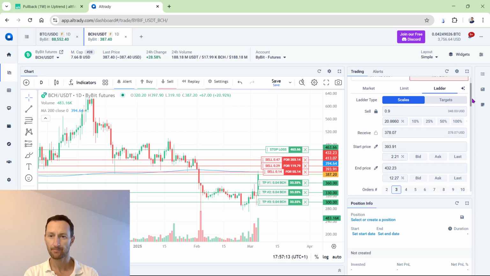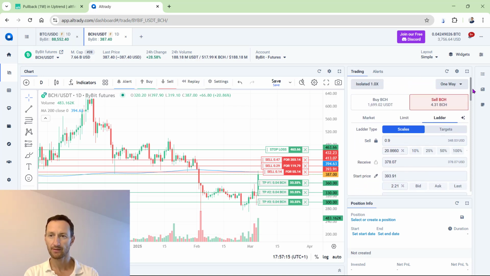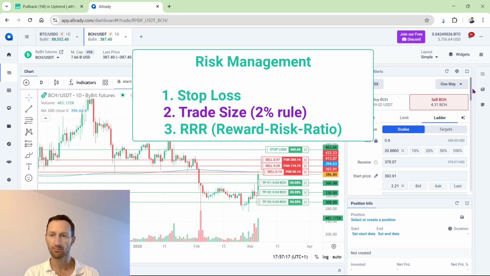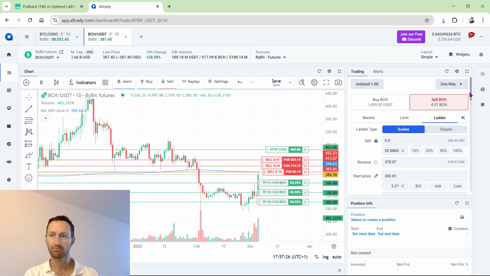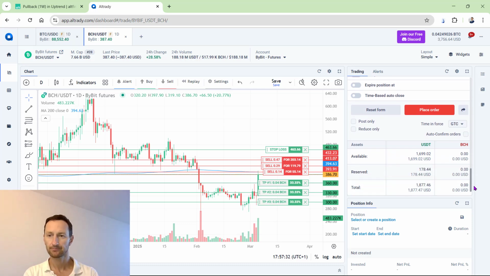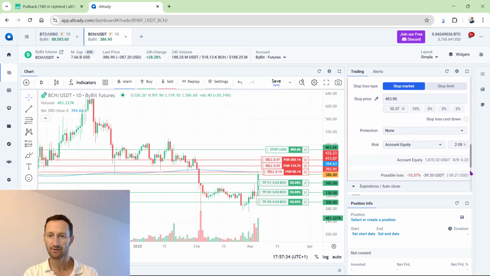This is a great feature because having the right trade size is very important. You don't want to bet too much on any given trade. That way, I don't stress about it. I'll just let it play out. I can go sleep, and the most I'm going to lose is 2% of my portfolio. All right, so this is a nice feature to have as well.